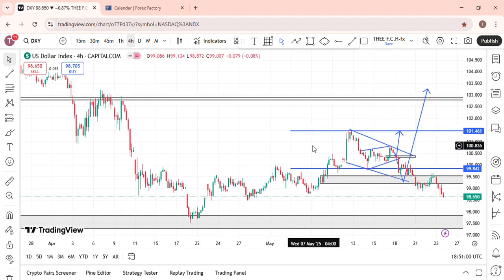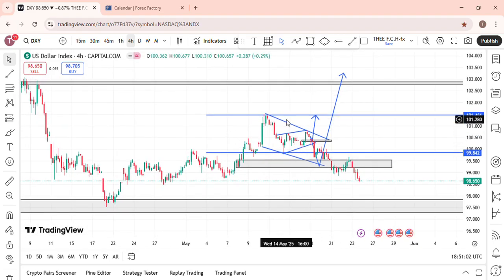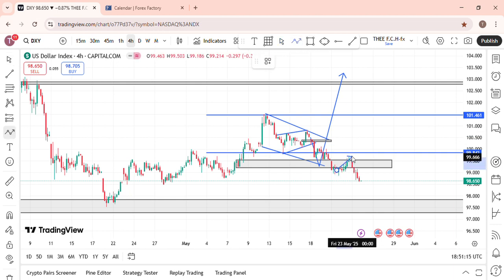So in the previous week, if you check on that video we uploaded on Monday, we expected a drop to this level. Market came to this area, and then after coming to our point of interest, market started coming up, where it now failed to continue to go high and now dropped.